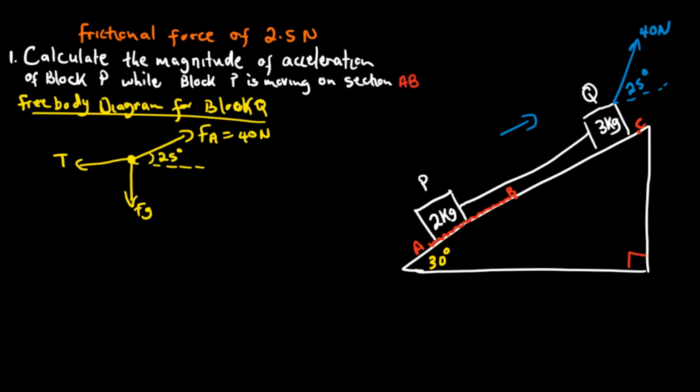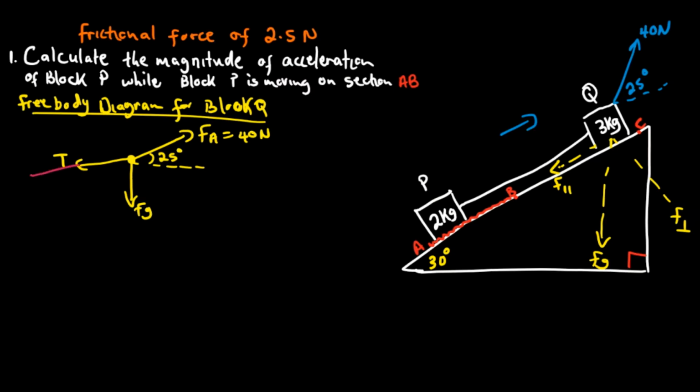Remember that if this is the force of gravity, this will be the force that is perpendicular. Since we have this, we're also going to have the force parallel, meaning that it will also be somewhere here.